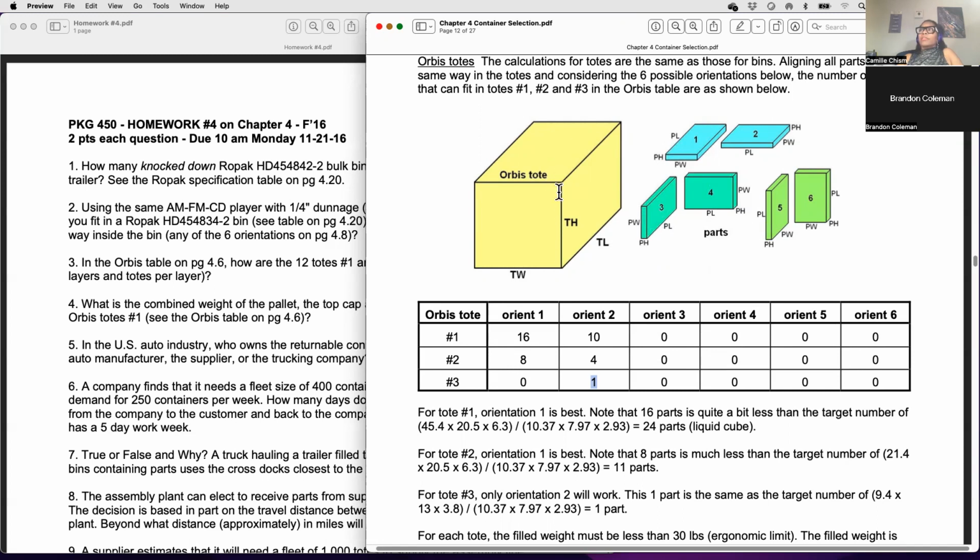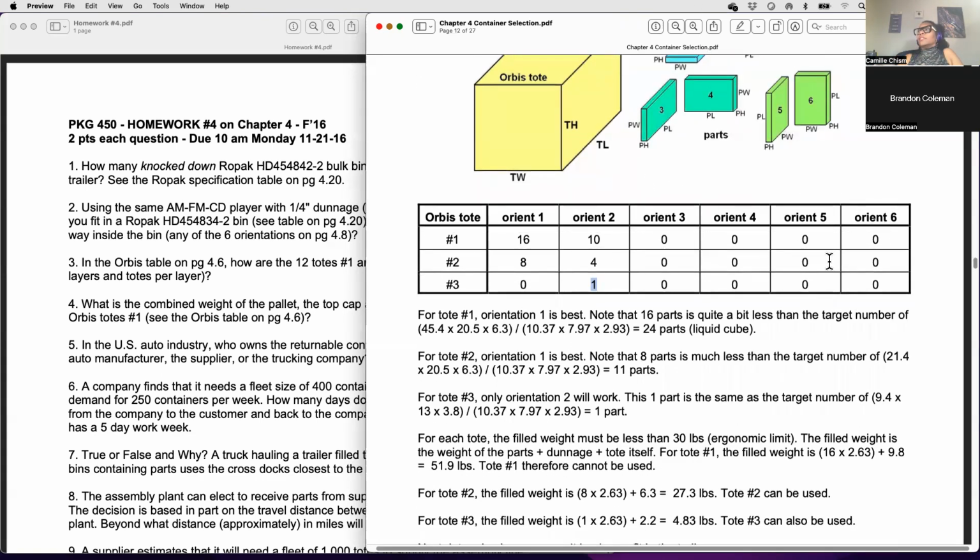It's going to be taller than TH. So PH is taller than TH in 2 of these. So that's where you're seeing all these zeros here. And then that one scenario, which I think was this orientation, you're only going to get 1 in the bin. This one, you couldn't get 1 in the bin because it's going to be sticking out. It won't be taller, it won't be wider, but it will be longer.